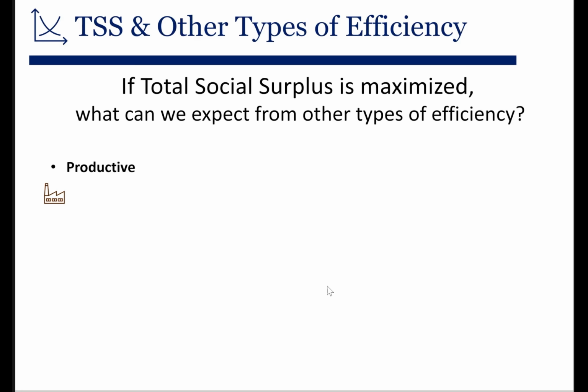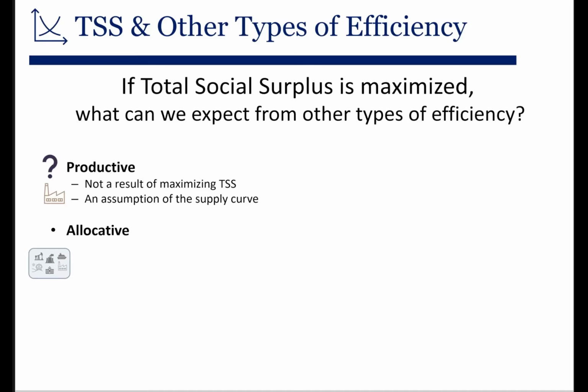If you remember, productive is a question of our businesses using their resources to the best of their ability in the production process. Now, this is not going to be a result of maximizing total social surplus. Instead, it's more an assumption that underlies the supply curve when we're thinking about things like perfect competition. So this is kind of tangential to this, but almost assumed.